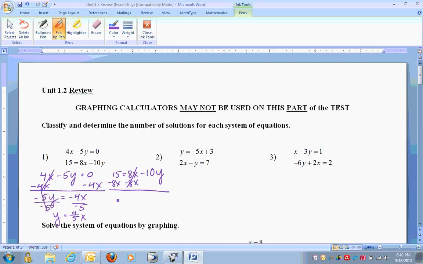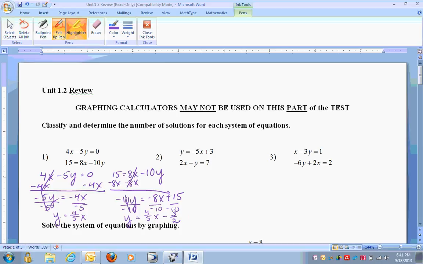And I end up with negative 10y equals negative 8x plus 15. Then you divide everything by negative 10. And you end up with y equals 4 over 5x minus 3 over 2.